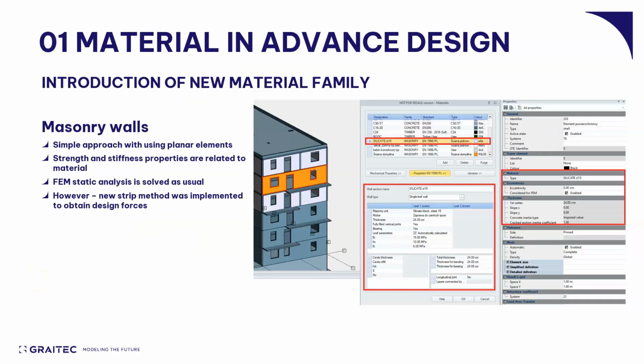So starting with Advanced Design, in order to perform a design of masonry walls within that system, we needed to introduce a new material family. So in addition to the current ones like concrete, steel, or timber, you get a new family called masonry, where you can specify not only the mechanical properties, but also strength parameters according to the standards you're working on.